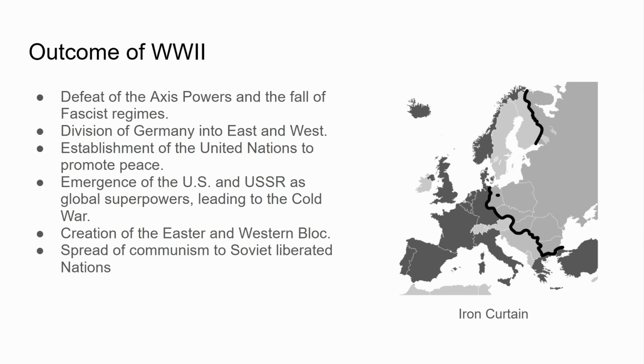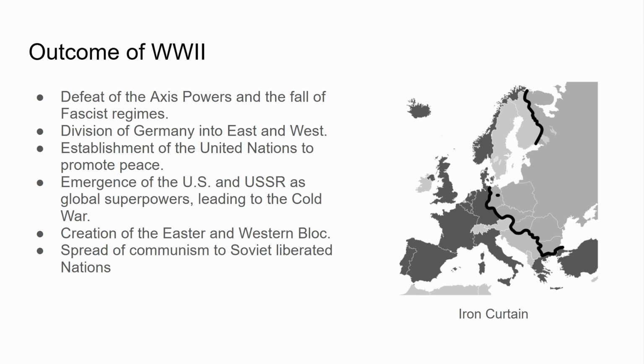The creation of the Eastern and Western Bloc separated the territories given to the Russian nation after World War II, in the East, from Western nations after World War II, such as France, Spain, Great Britain, West Germany, and Italy.